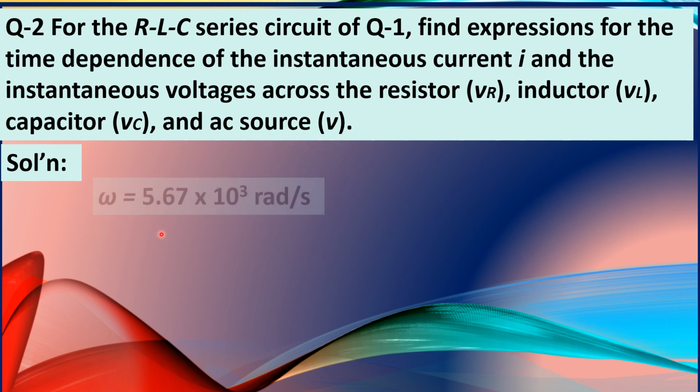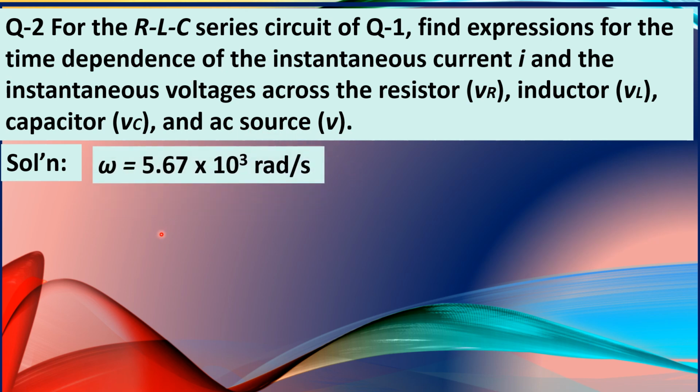So for a solution, we first determine the angular frequency omega based on question number 1. Omega is equal to 5.67 times 10 to the third radians per second.